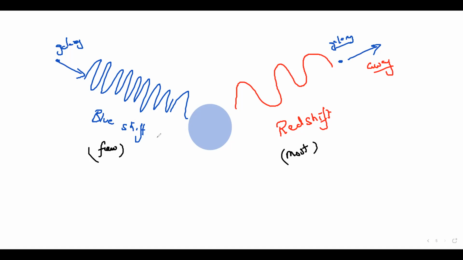So from this idea, we can say that the universe is expanding, like things are moving away from each other.